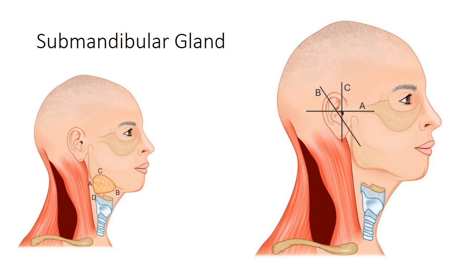Then a tangent line to the posterior border of the external acoustic meatus. Then we have one perpendicular line along the posterior border of the external acoustic meatus, right. So इन तीनों के बीच में ये वाला जो एरिया होगा, that is your suprameatal triangle, right.